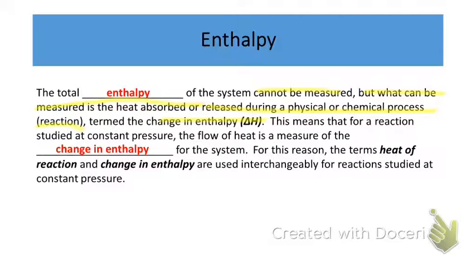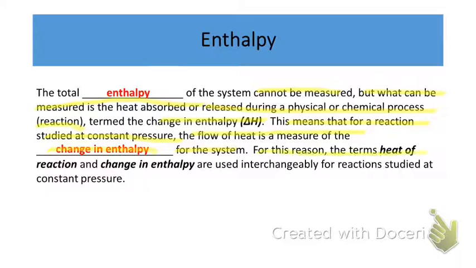Now, why can we relate this? Simply because the change in enthalpy, which is really the change in potential energy of the system, is equal to the amount of heat lost or gained by the system because of the first law of thermodynamics. So this means that for a reaction studied at constant pressure, the flow of heat is a measure of the change in enthalpy for the system, or in other words, the change in potential energy.